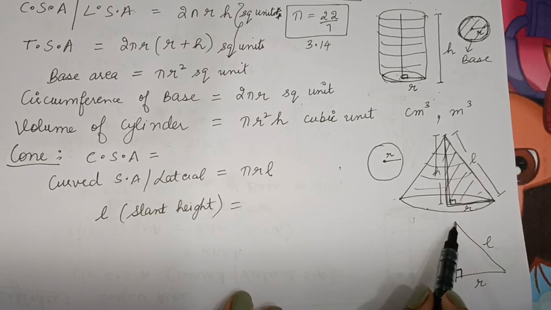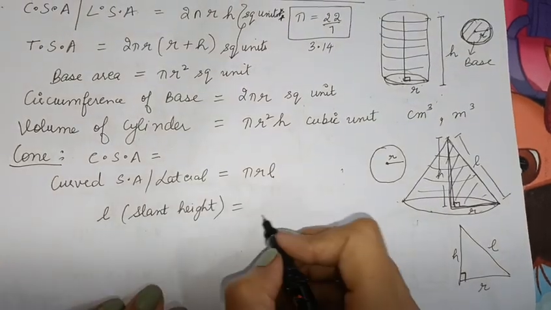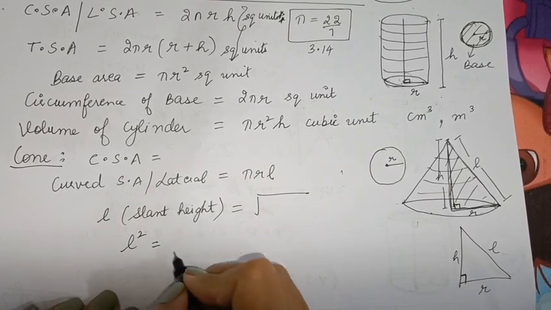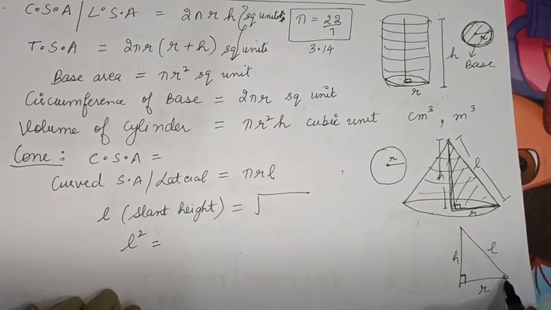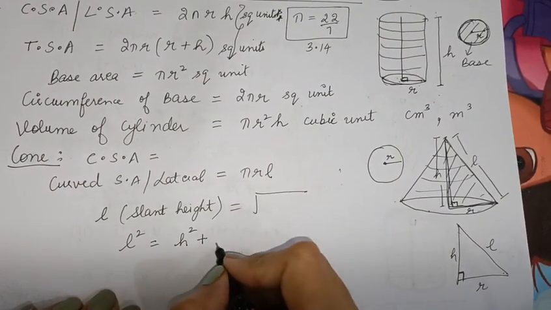From here you can see this is a right angled triangle where h is the height or perpendicular, r is the base, and l is the hypotenuse. So its relation is, if you apply Pythagoras theorem, l square is equal to the square of the hypotenuse, which equals the sum of the squares of base and perpendicular.